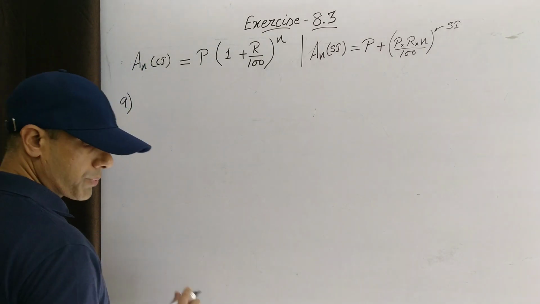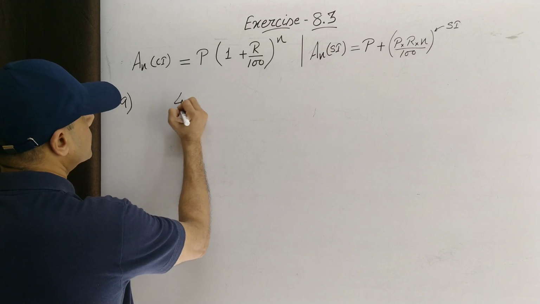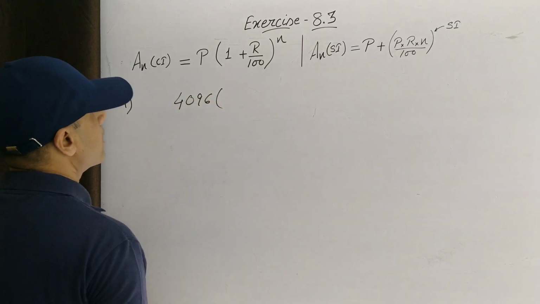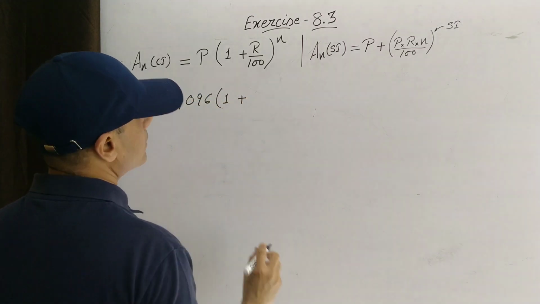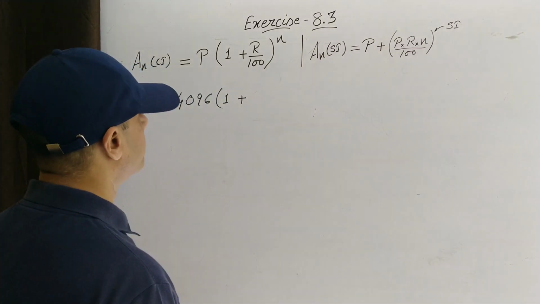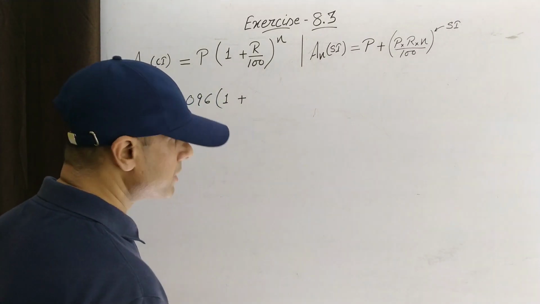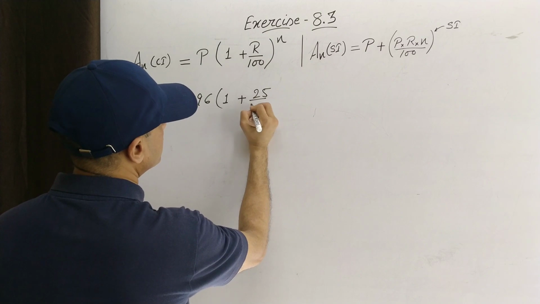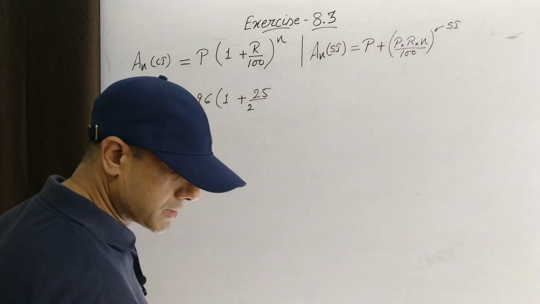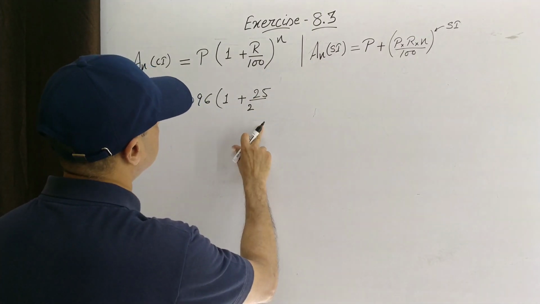So principal amount is 4096 and interest is 12.5%, that is 25 by 2, and this is compounded per annum.